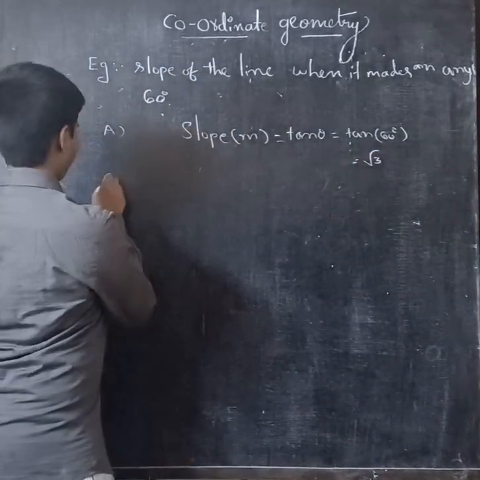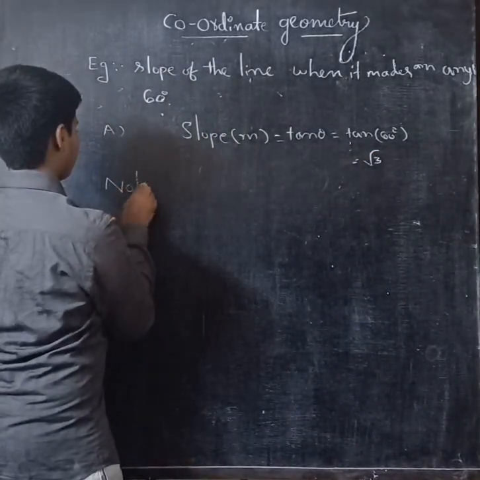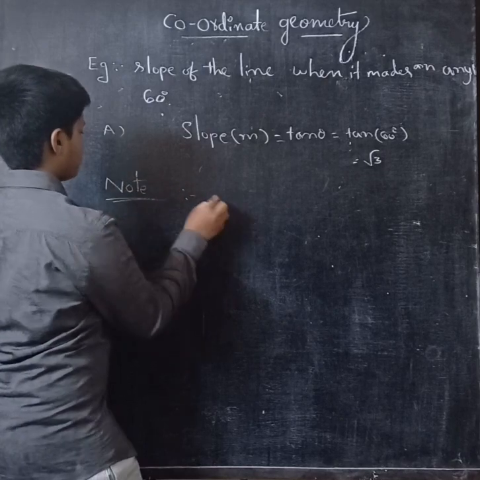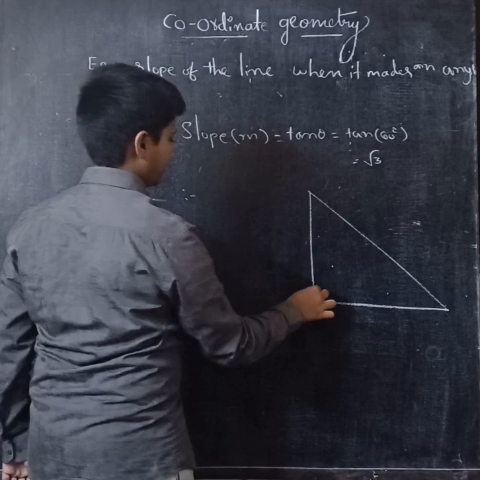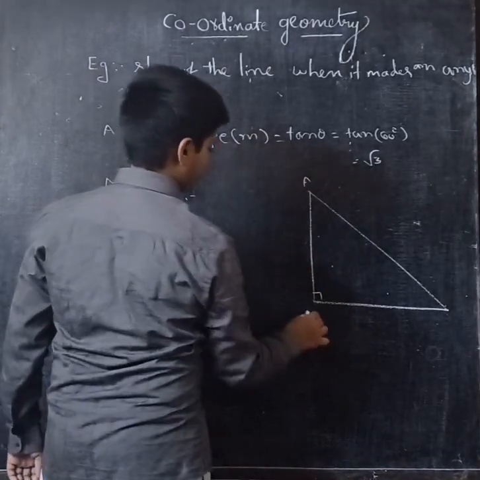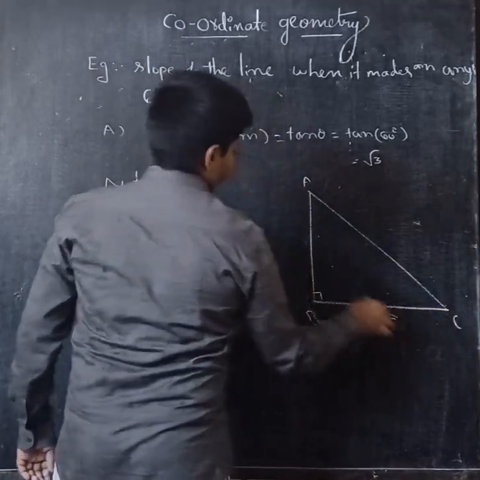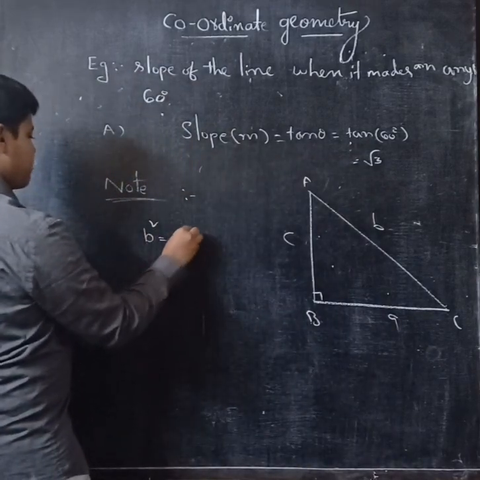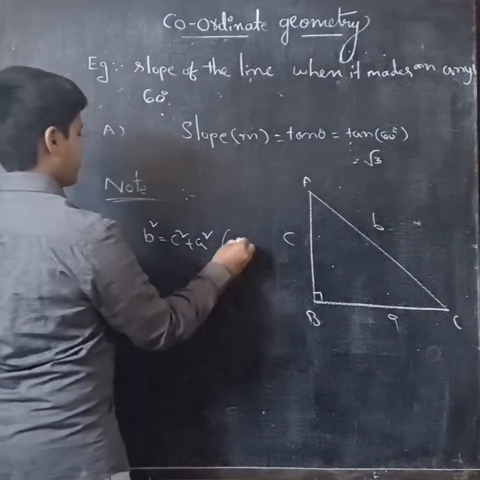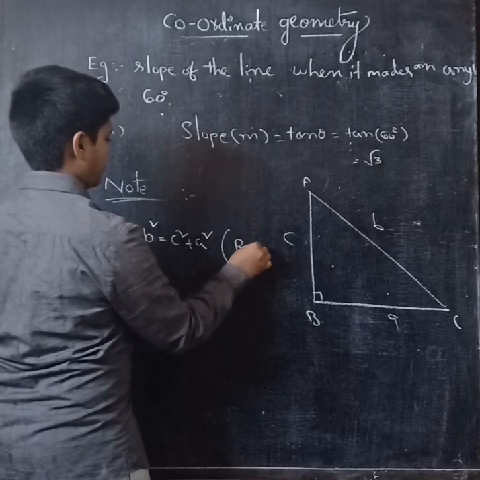Okay, and here a note point. If I take a triangle ABC, and B square is equal to C square plus A square, it is right angled.